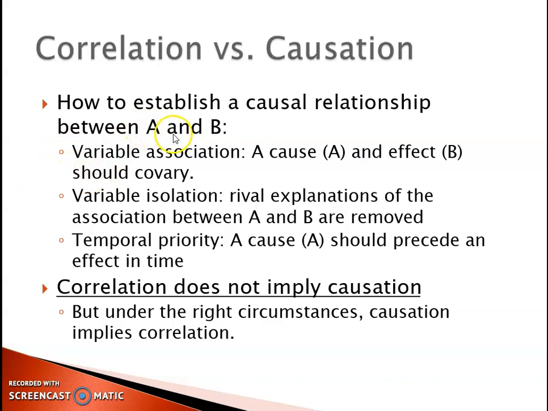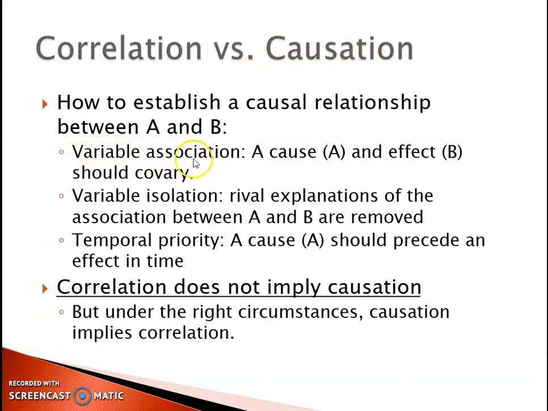The cause takes place before the effect, and confounding variables or rival hypotheses have to be removed. And the only purpose that statistics can serve is to establish the variable association. Statistically, there is a significant relationship between the cause and the effect.